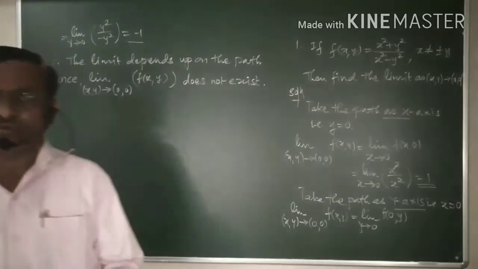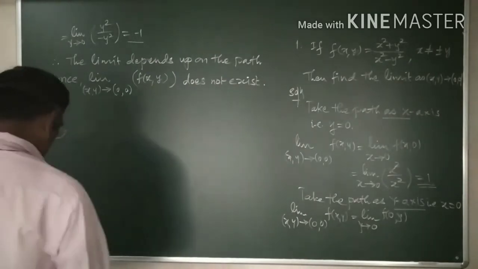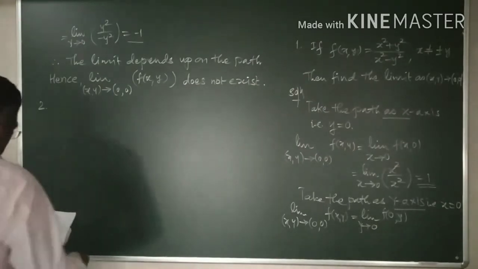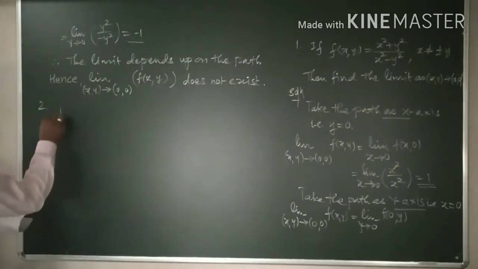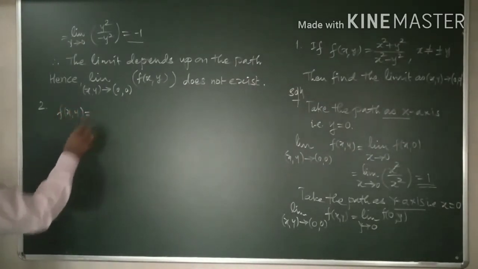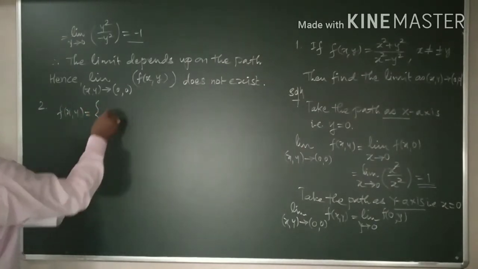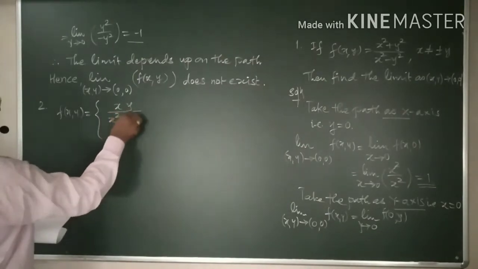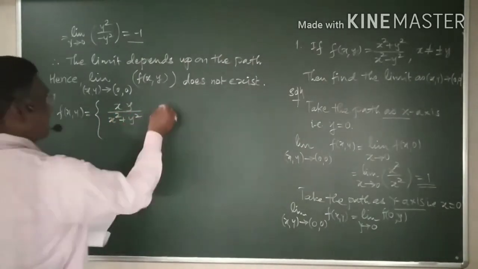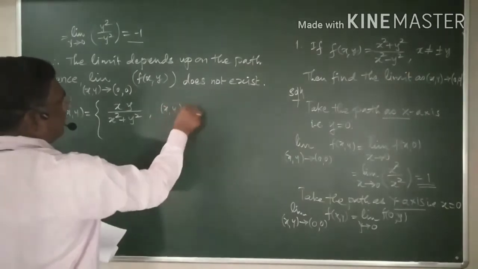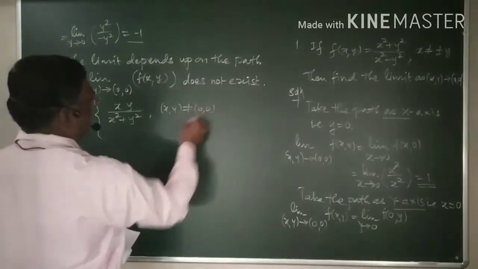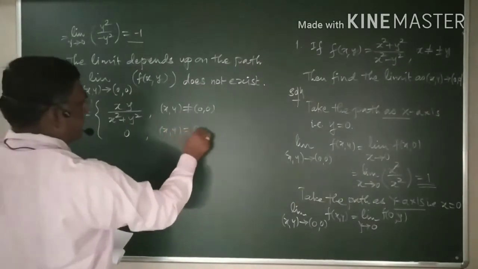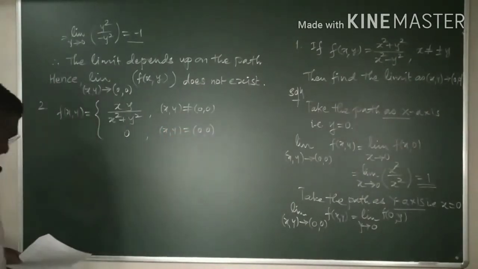Example number 2. Let me take this example. f(x, y) is equal to, it's a split function now, xy upon x square plus y square if (x, y) is not equal to (0, 0), and this is equal to 0 if both x and y are 0 at the same time.